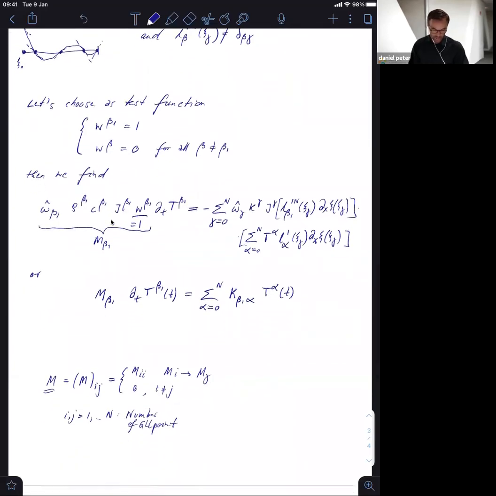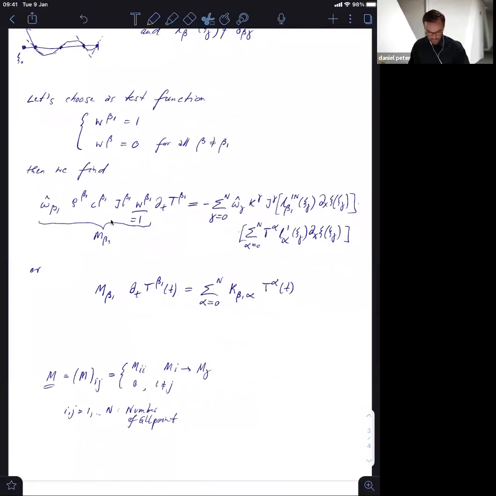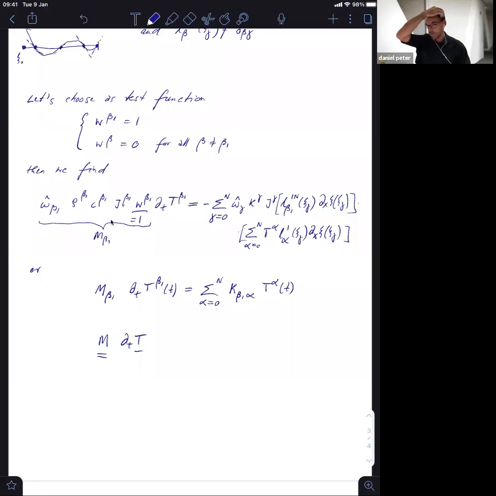If you think of a matrix form, what we could write here is a matrix M times a vector, the time derivative of the T vector, the coefficient vector for T, equal to a stiffness matrix times the T vector again.